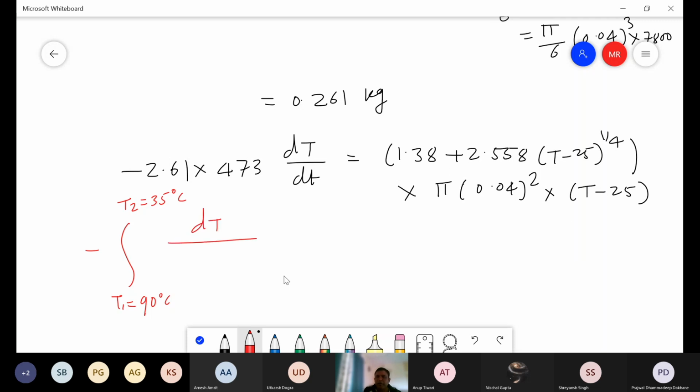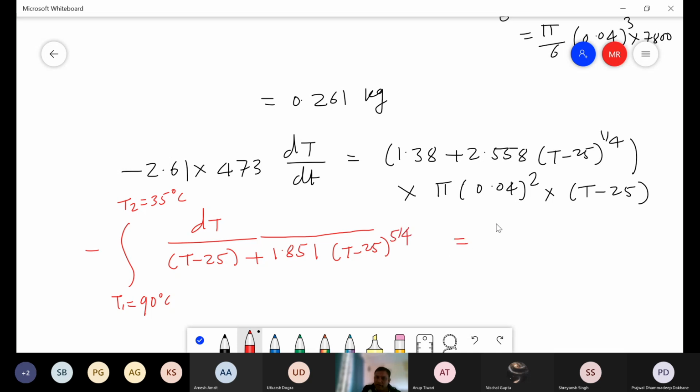So the simplified part of this will be, if you calculate carefully, you should get (T minus 25) plus 1.851 (T minus 25) raised to the power 5/4.